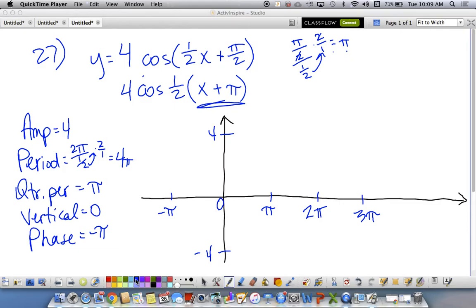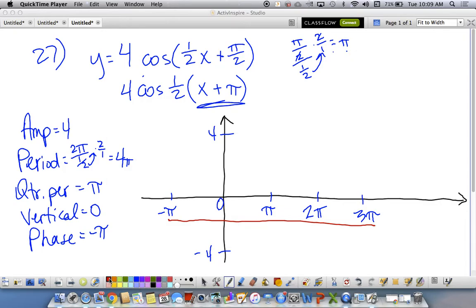Okay. Later today, I'm going to give you a graph and ask you to find the equation. So I want to look at really quick, how do we know what our period is? From the beginning, where we start, all the way to the end. How far did we go? We started at negative pi.